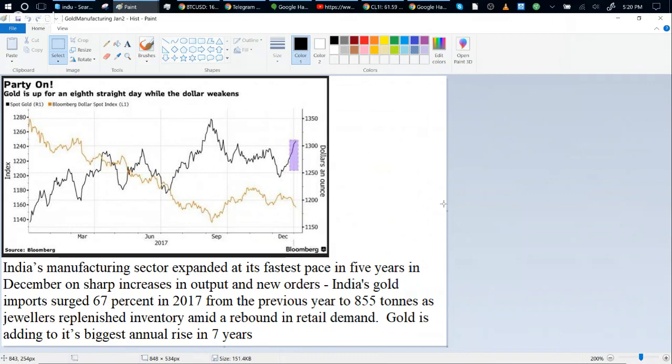India's gold imports surged 67% in 2017 from the previous year to 855 tons as jewelers replenished inventory amid a rebuild in recent demand. Gold is adding to its biggest annual rise in 7 years. Okay, so India is once again bullish on gold. Let's see where this takes us. You still want to go above this peak in order to really make a difference.